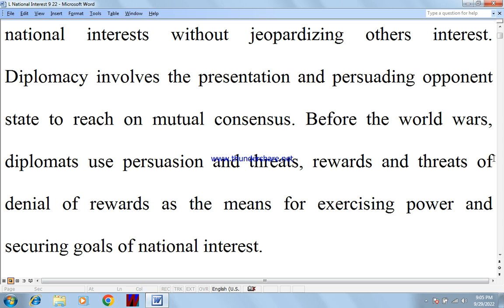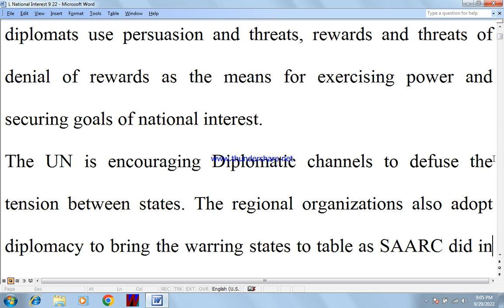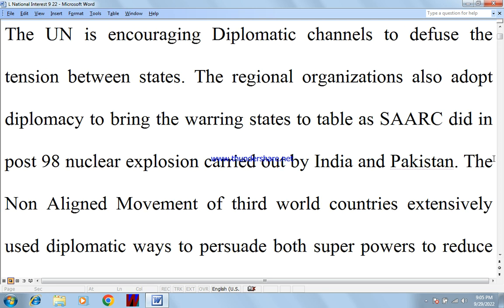Before World Wars I and II, diplomats used persuasion and threats, rewards and threats of denial of rewards as the means for exercising power and securing goals of national interest. The UN is encouraging diplomatic channels to diffuse the tension between states.